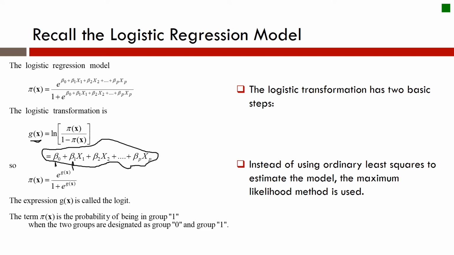We'll use this function and the value that's created here, which will then be placed into our probability function to create the probabilities which will place an individual in one group or another.